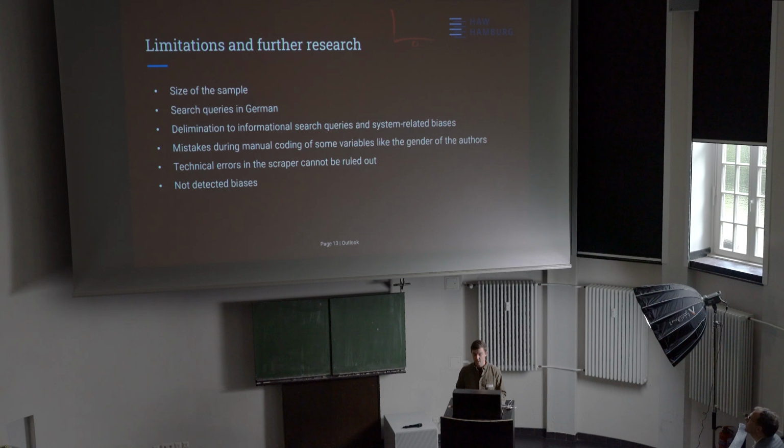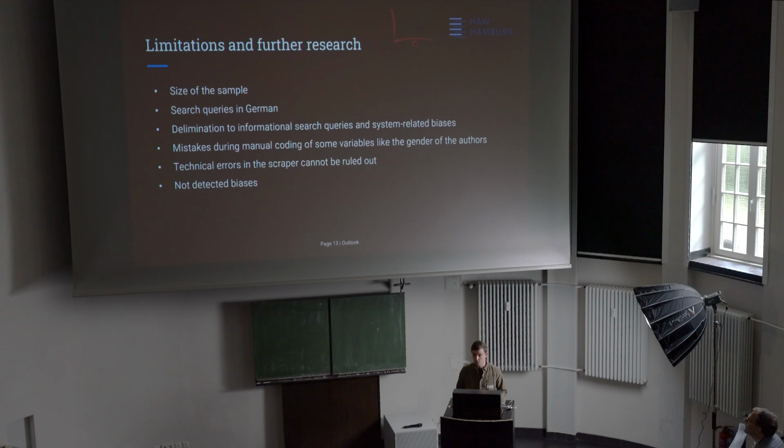Now we come to the limitations and the further research of our study. We had only a sample size of 6,000 results. That's not really big. You can do the research with a bigger sample. We only did the research in German. You can repeat the research in English, for example, or in other languages in general.